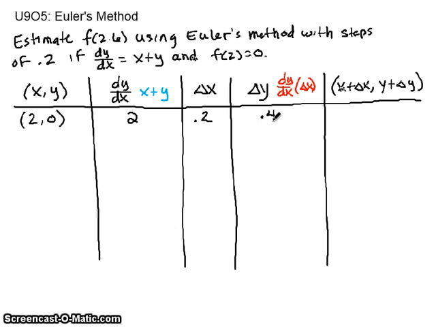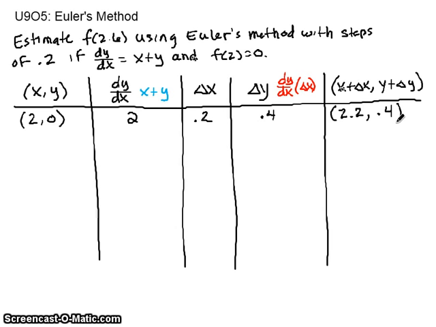So if we change the x value of 2 by 0.2, we're going to be at the point 2.2, and our y value is going to change by 0.4. So 0 plus 0.4 is 0.4. And that's basically Euler's method.